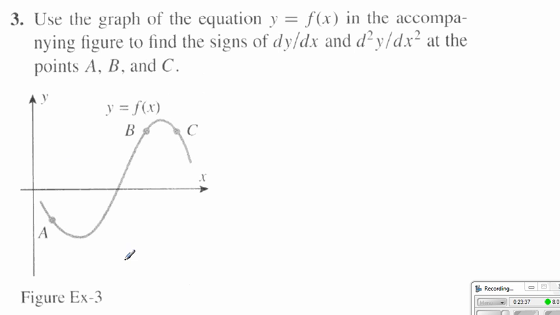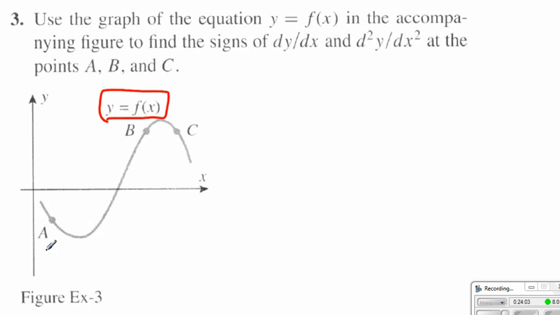All right, let us move on to the next question here. Using the graph of the equation to find the sign of dy over dx and d squared y over dx squared at points A, B, and C. Since the function is the original function, the first derivative is the slope and the second derivative is the concavity.